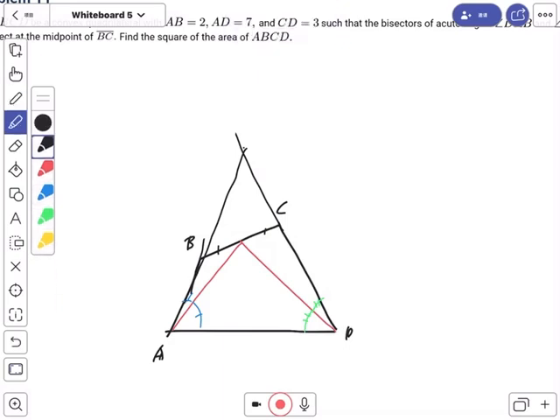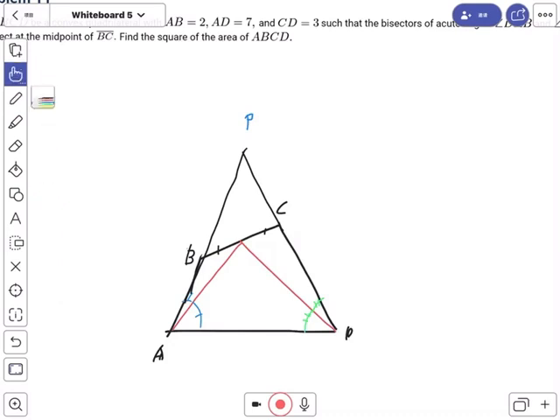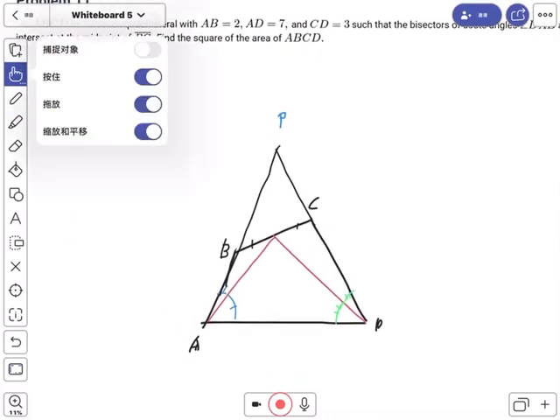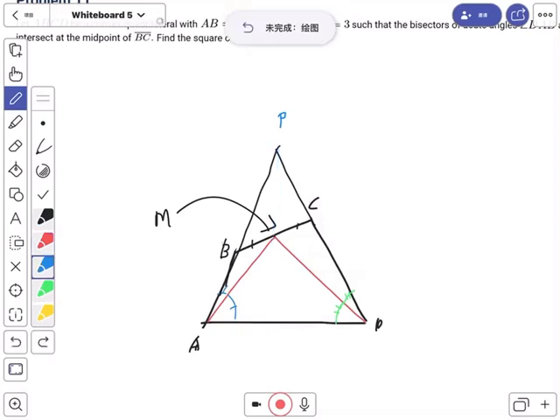Okay, so we're good with this. Now if we call the point that they intersect P, and because this is the midpoint, we call this point M. So this point is the intersection of the two angle bisectors, and therefore it must also lie on the third angle bisector, which is this.